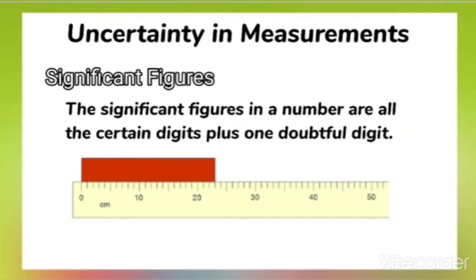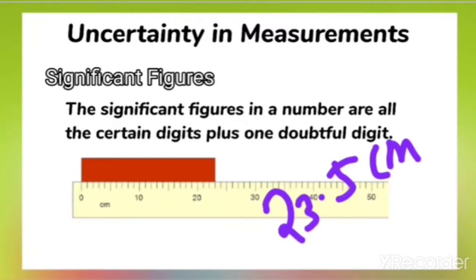So here we just assume that the first place of the decimal point is 5, that is 0.5. We can make a guess that it is approximately in the middle of 23 and 24. Therefore, the length of the rod may be reported as 23.5 centimeter. That is, we are making a guess here.